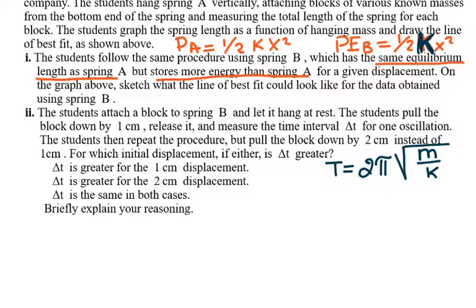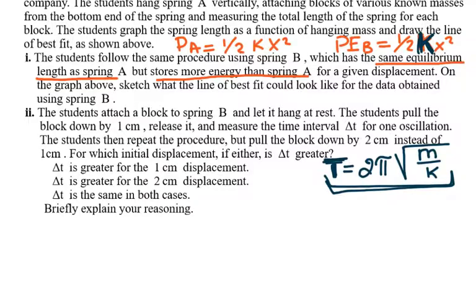And from this I see that my time of oscillation, they ask you for which initial displacement if either T is greater, does not depend on displacement. Doesn't matter if I pull it by 1 centimeter or 2 centimeters or 5 centimeters.